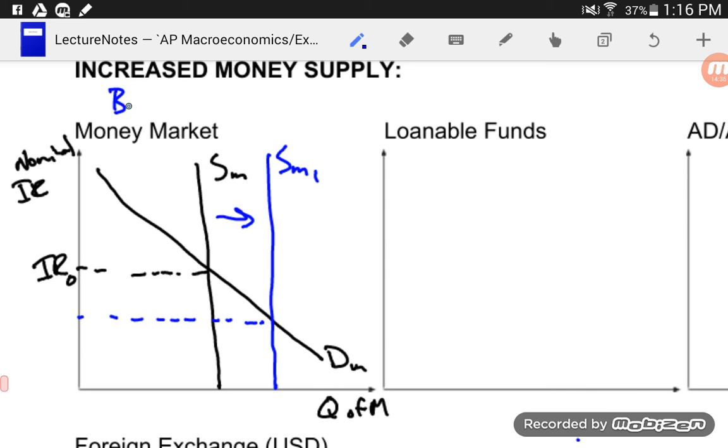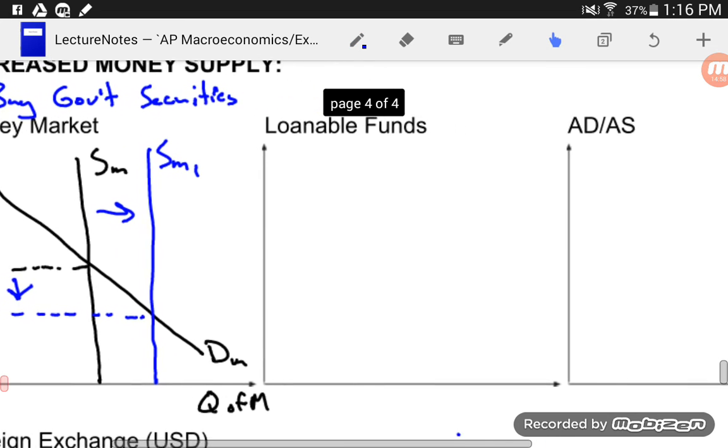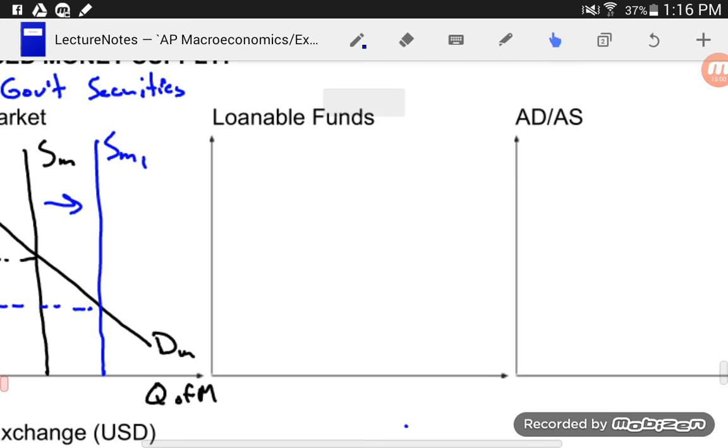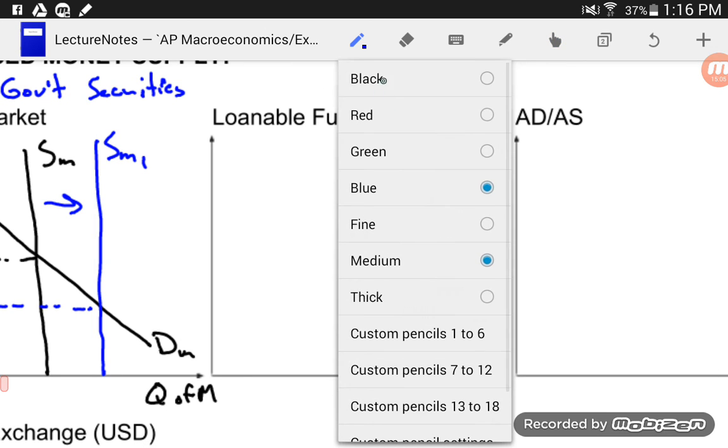So we'll just call this buy government securities. When they did that, the interest rate fell, which was hopefully to encourage more investment, which will drive aggregate demand back up to full employment levels.